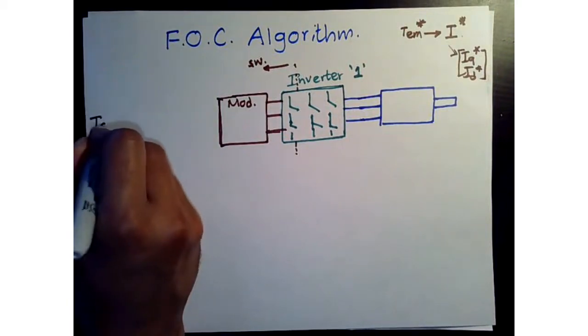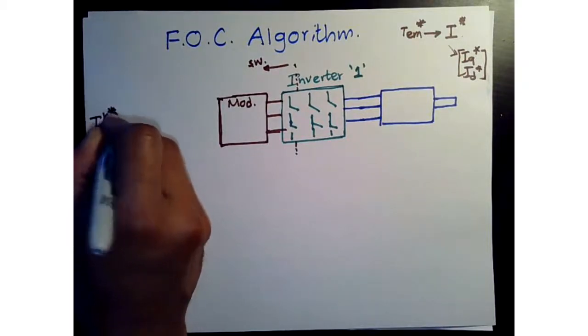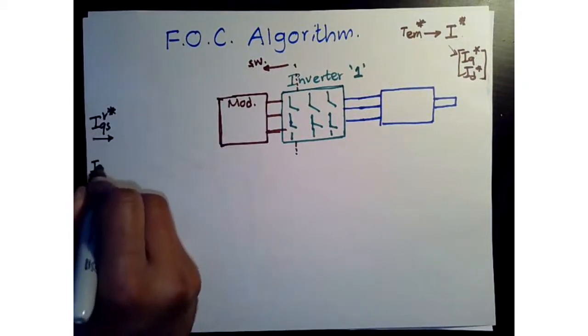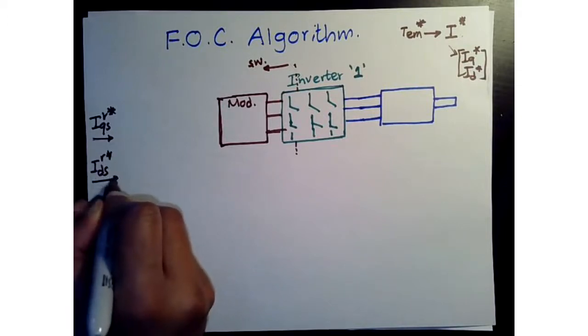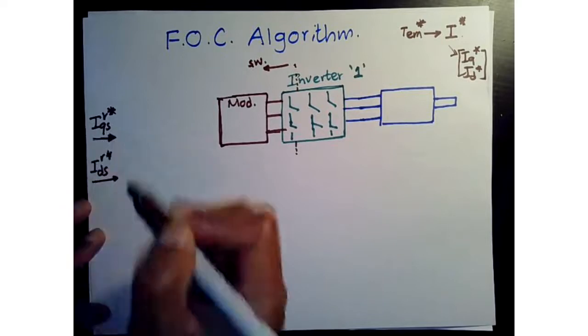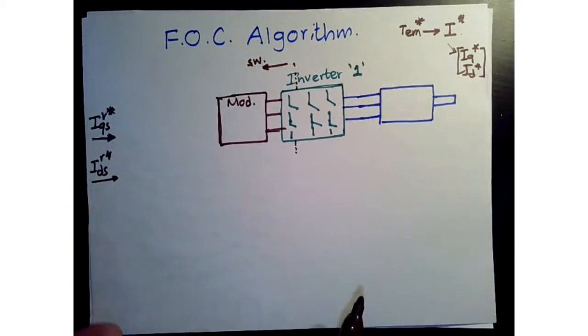Okay. So we have, and I might run out of space here, an IQSR command and an IDSR command. Okay, so we have an IQ command and ID command. All right. Now, for some of you, I know you have had control systems, so this might make sense.